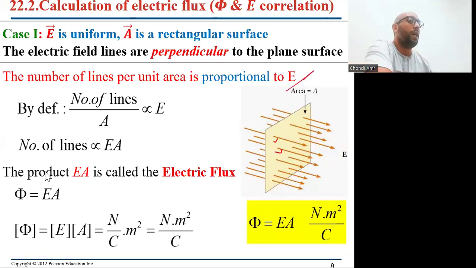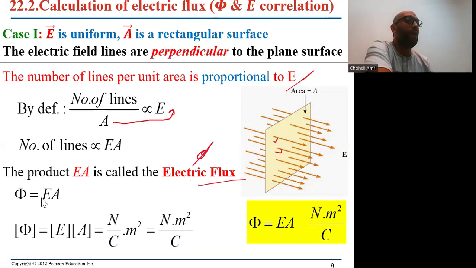So we can define the product between the electric field and the area as the electric flux phi. So what is the electric flux phi? The electric flux phi is E dot A, the product between the electric field and the area.